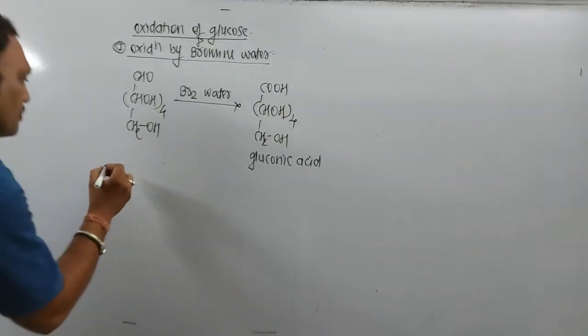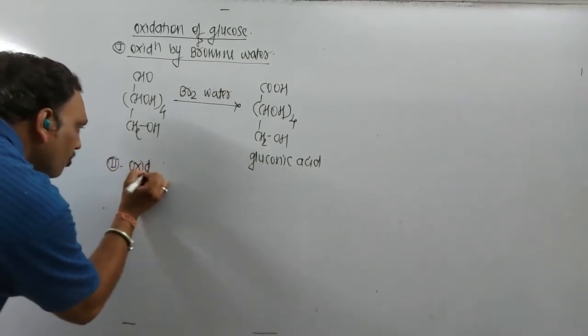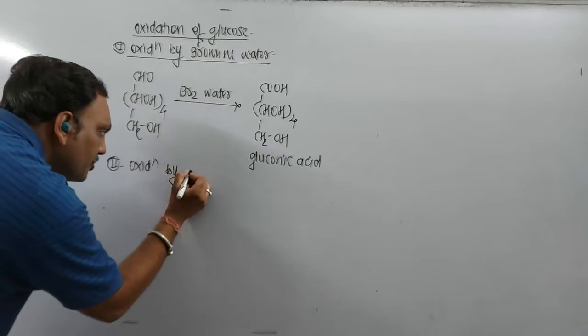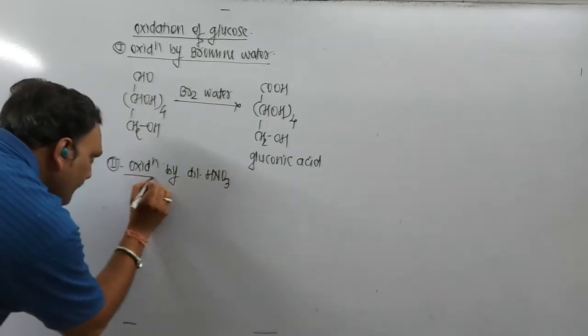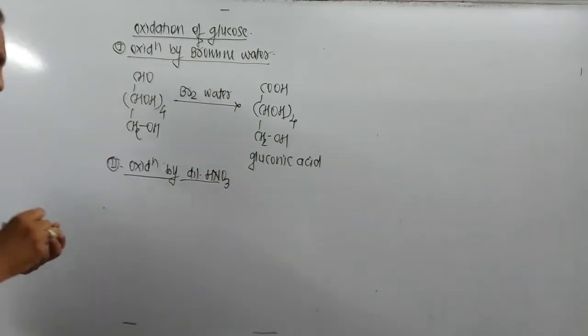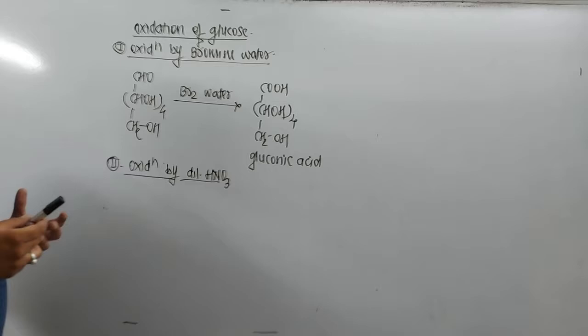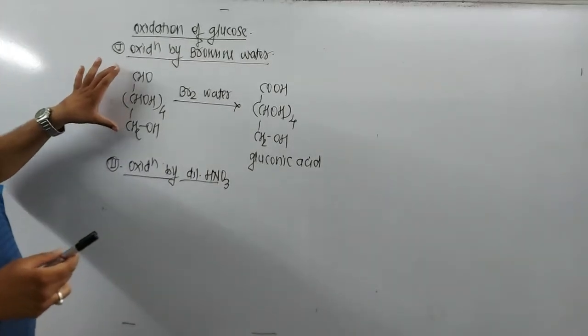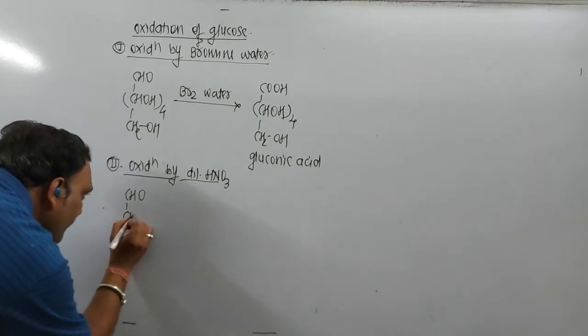But instead of using bromine water, if glucose is oxidized by using dilute nitric acid. So remember, nitric acid is a potent oxidizing agent. It has the ability to oxidize both of the ends of the glucose. I mean, glucose can be given in this manner.